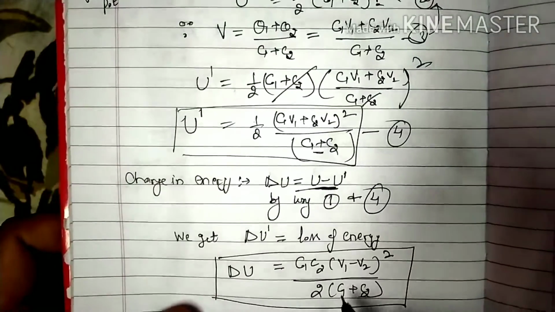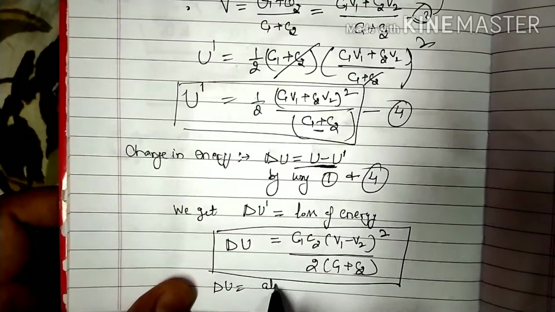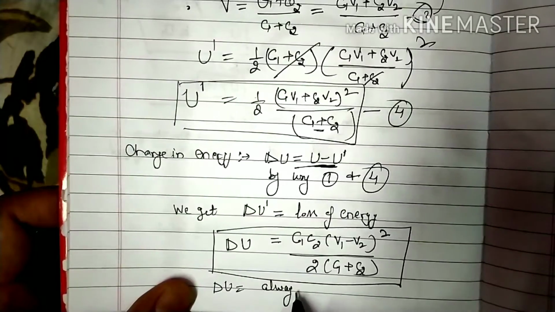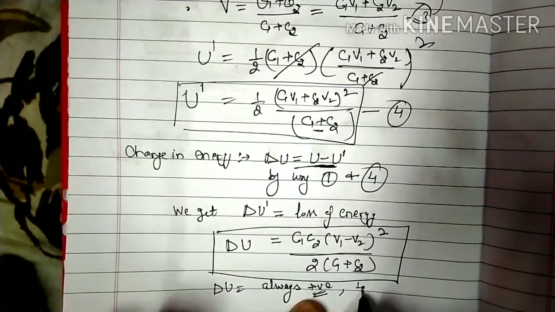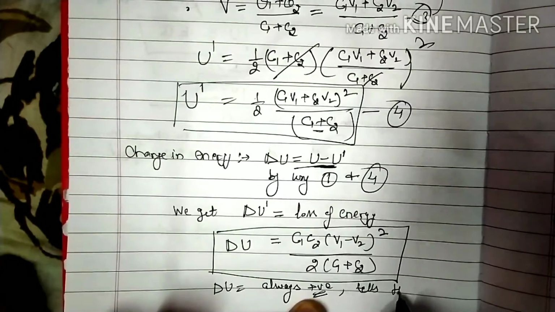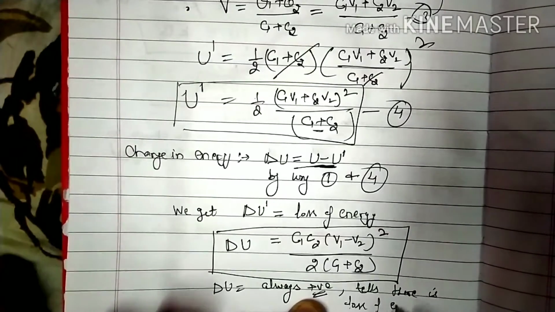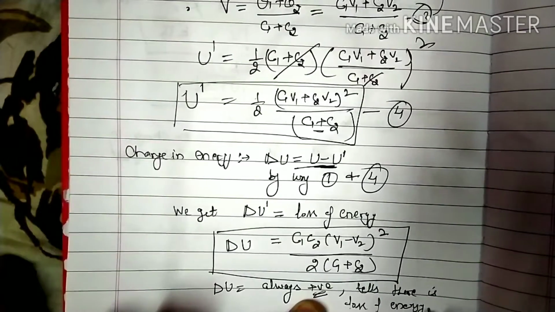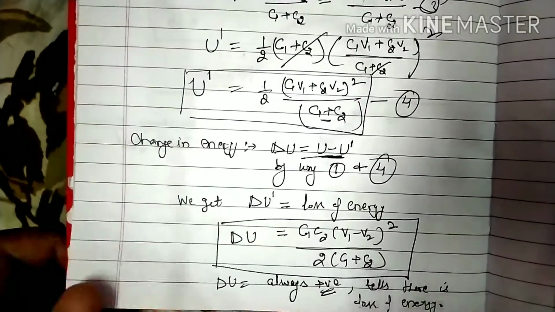And when we solve this energy, delta U is always positive, which tells there is a loss of energy after sharing. So this formula you have to remember simply.